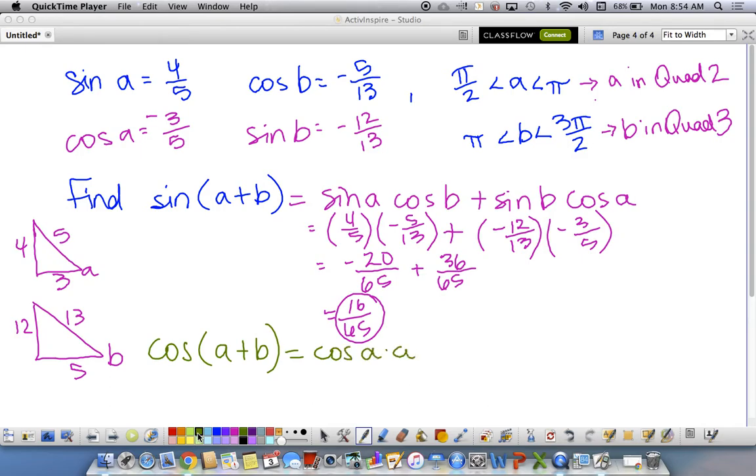Do it on the side, going up and outside. Remembering these formulas is huge.